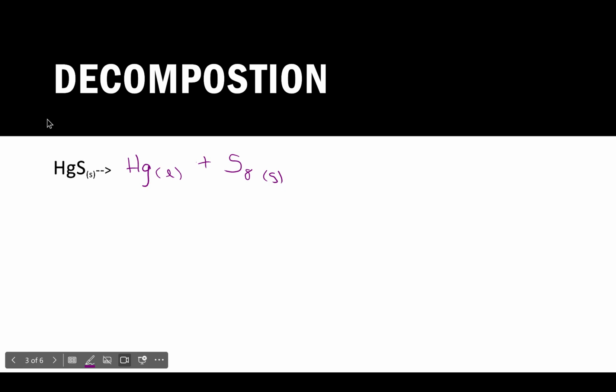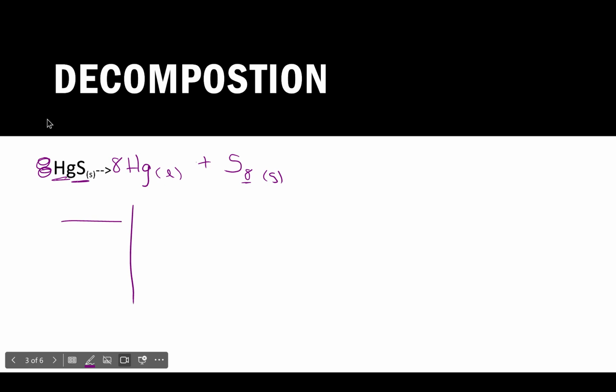So from here now, we want to go ahead and balance. We can see right away that our sulfur has only 1 on the left-hand side and 8 on the right. So let's balance that by putting an 8 in front of the HgS. And that now makes 8 Hg as well. So I'll put an 8 there.